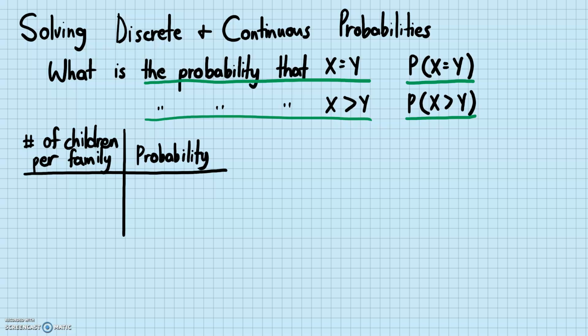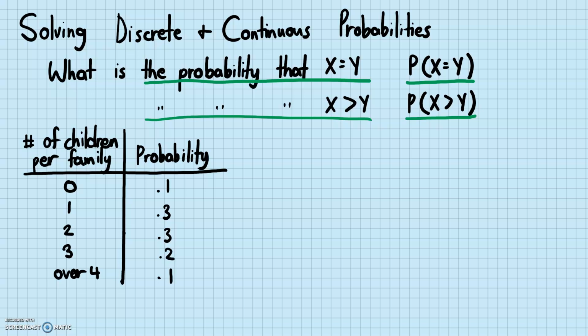Okay, and then we had 0 children, 1 child, 2 children, 3 children, and over 4 children. The probability for 0 was 0.1, this was 0.3, this was 0.3, this was 0.2, and this was 0.1.